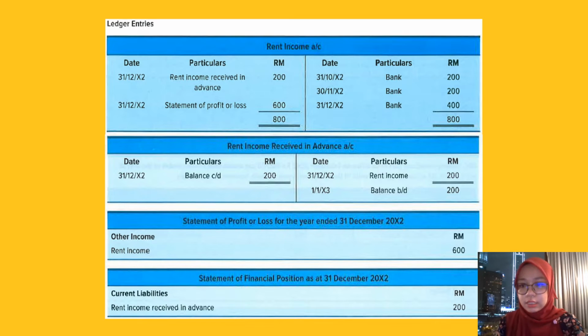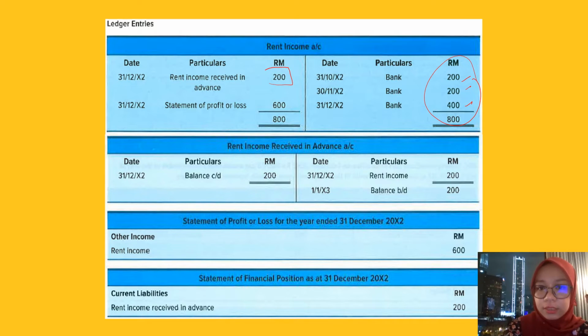Okay, this is the ledger, the account ledger. We recognize the payments 200, 200 and 400. All total is 800, but then we have to deduct the in advance, the next year payment, and only recognize this 600 as our rental income this year, to be transferred to the statement of P&L, profit or loss.